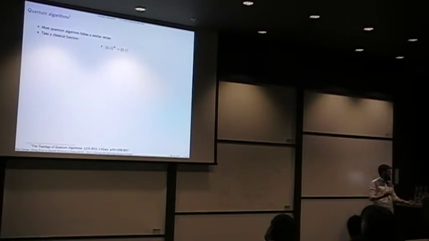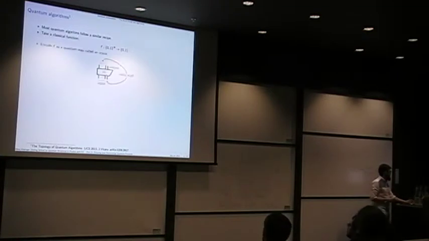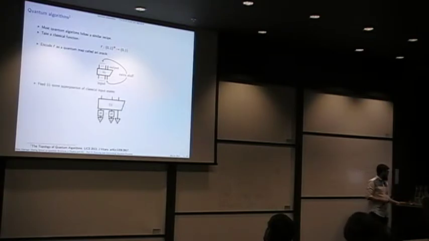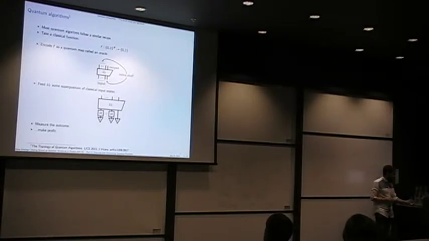You take some classical function, which you want to know something about, that you want to do something quantum to, and you lift that up and you make a quantum oracle. And then you prepare some sort of superposition of an input, you measure the outcome, and you get something good out of it. So most of the standard algorithms look like that somehow.